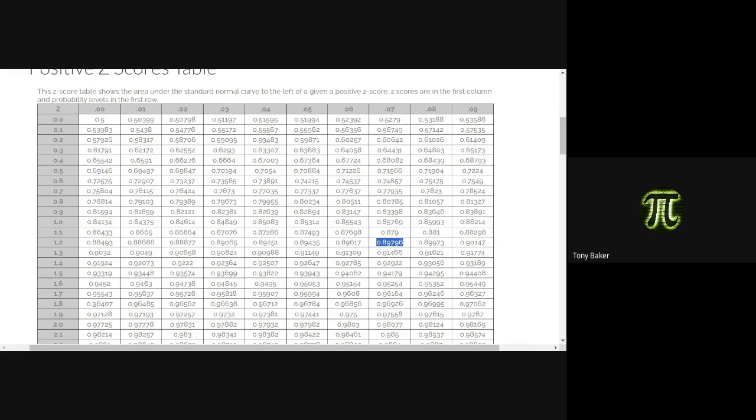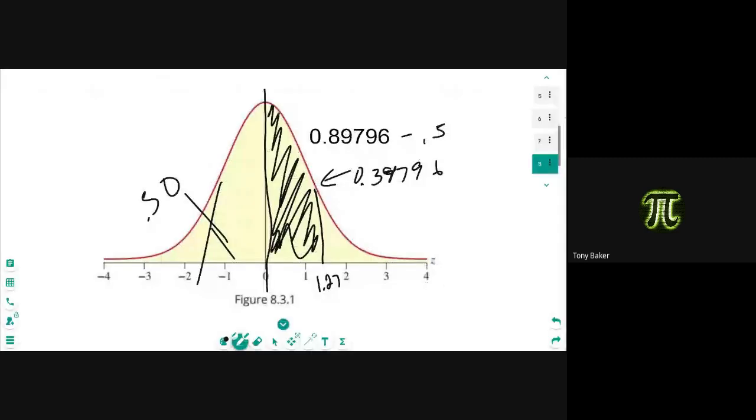So can you go back to that 1.27? Because my Z that I was using is 1.27. Oh, okay. So it goes by the number. Yes. That top row is your second decimal point. So since I'm looking at the 7, 1.2 is the row that I'm looking at, and then 7 is the column.